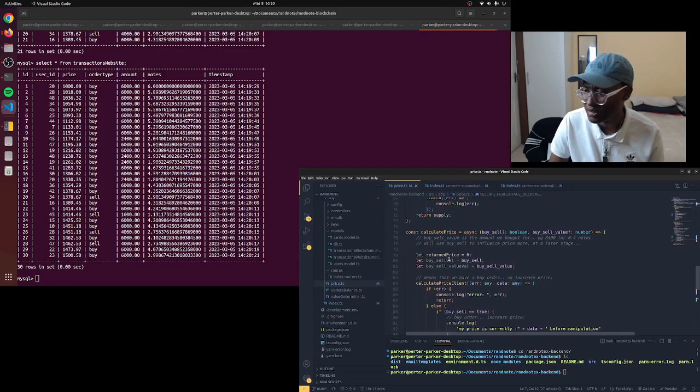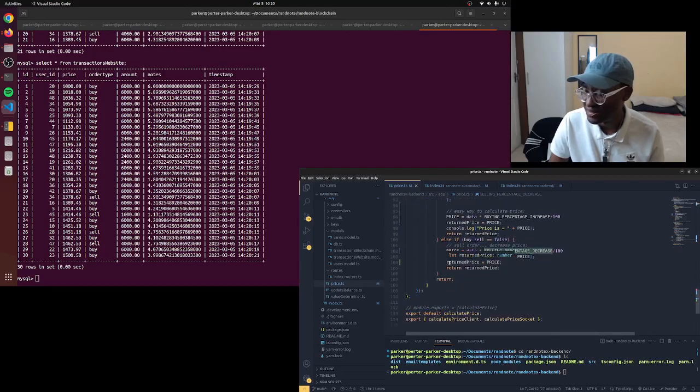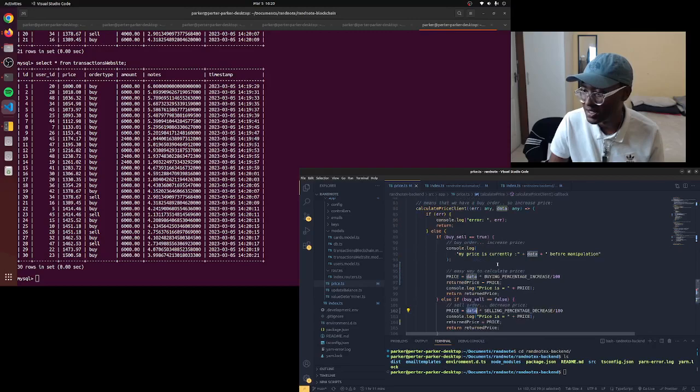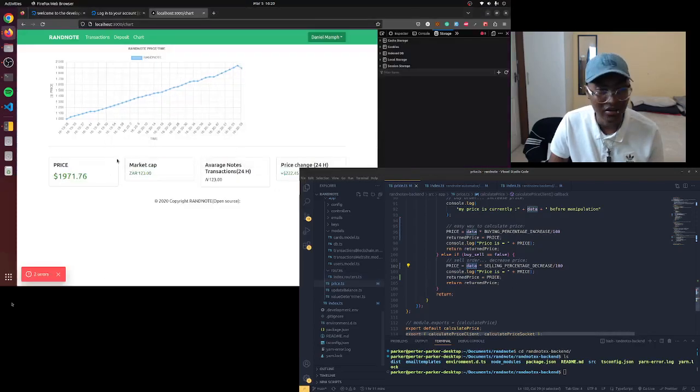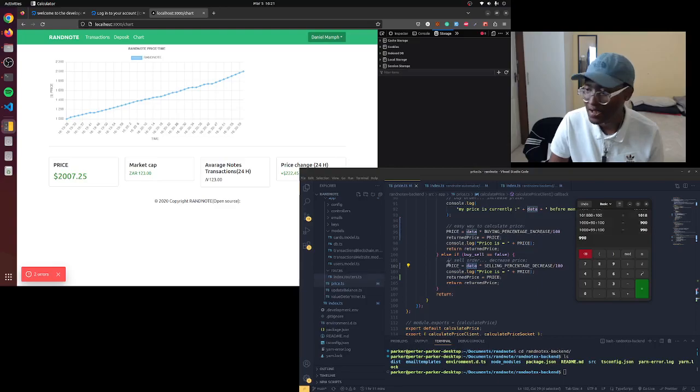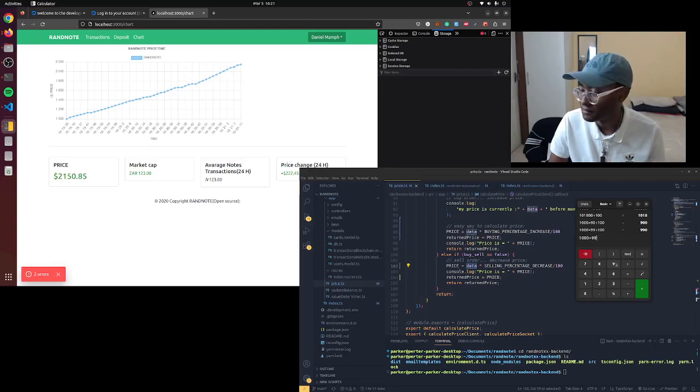How? It's just wild. If data is 1,000, right? Data is 1,000 times selling price decrease. Guys, come on. Am I crazy? 1,000 times 99 divided by 100. 990.